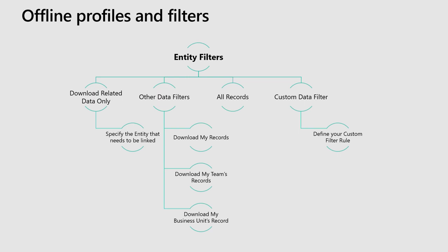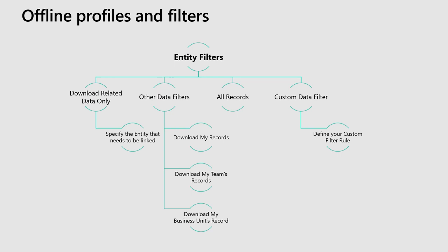So these are the options that you will get in the entity filters, where there is the download related data I talked about, and there is account and contact. For other data filters, you will have the option to do either your records, or your team's records, or your business unit records. Or there is an option for all records, though not for all cases.